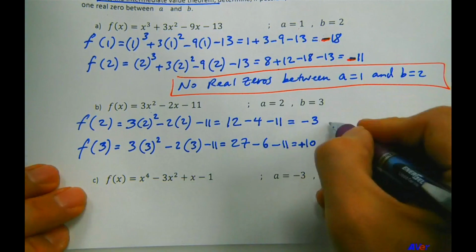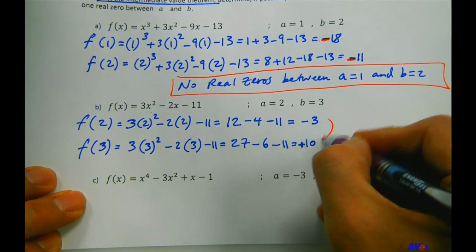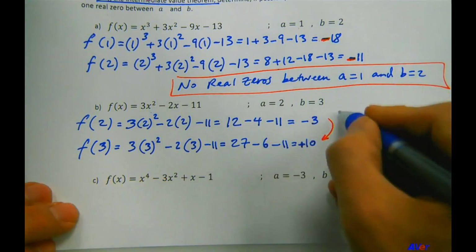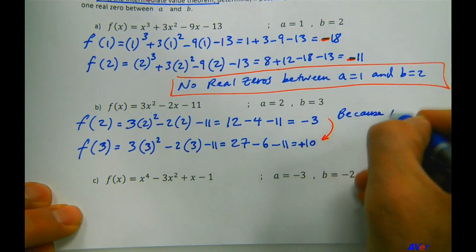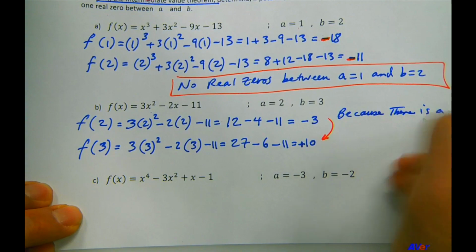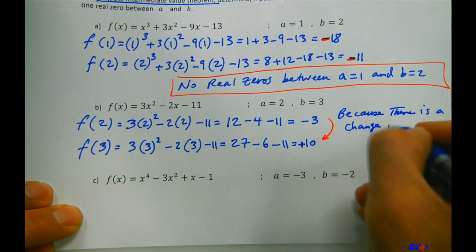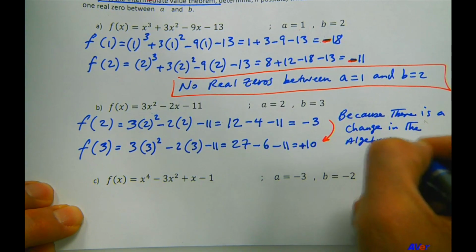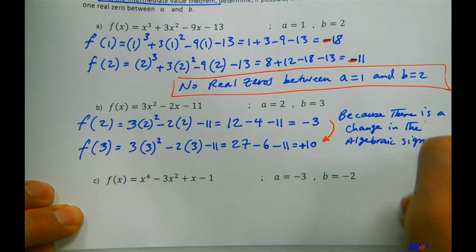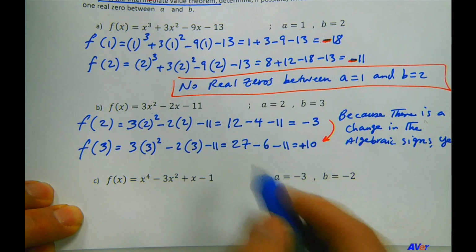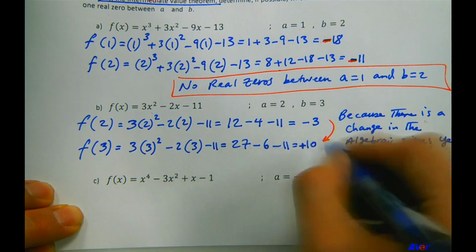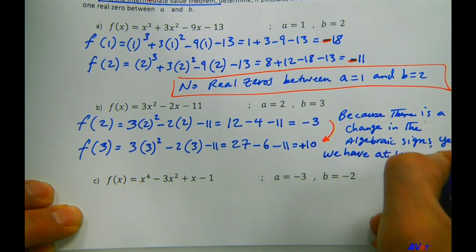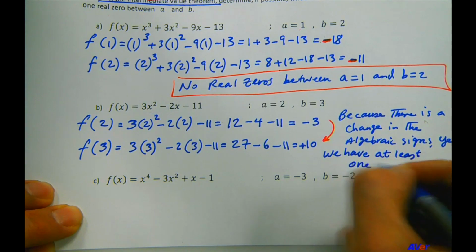So let me write this down. Because there is a change in the algebraic signs, then yes, we have at least one real zero.